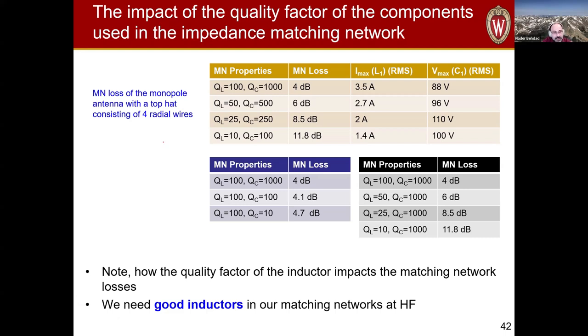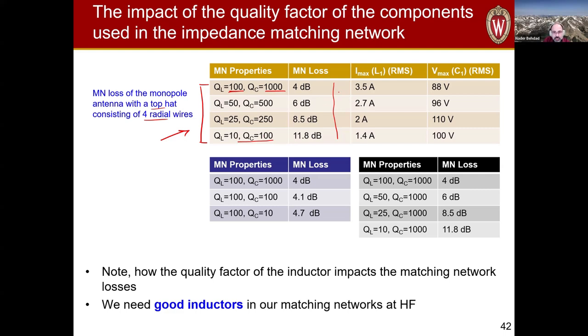So what I'm showing here is what happens in this impedance matching network for this monopole antenna with a top hat that has 4 radial wires that we examined. What happens to the loss of my impedance matching network when the quality factor of my inductors and capacitors are changed? I start from really high quality elements, inductors with a quality factor of 100 and capacitors with a quality factor of 1,000, and then go to more practical numbers like inductors with a quality factor of 10 and capacitors with a quality factor of 100.